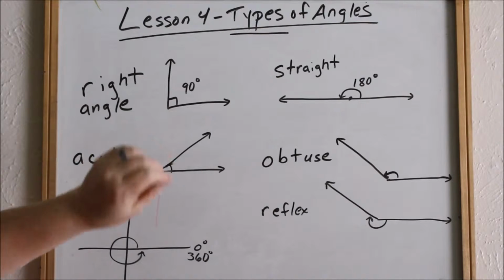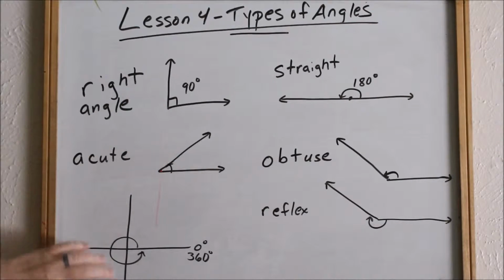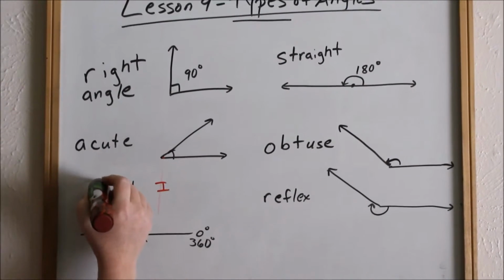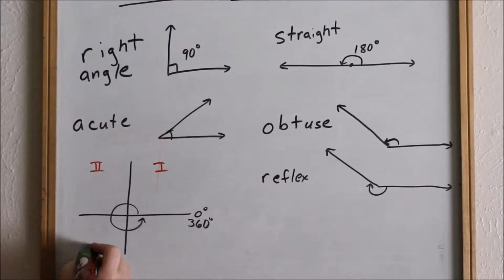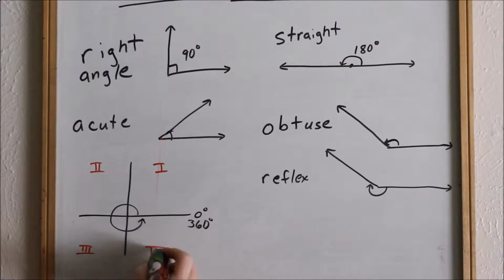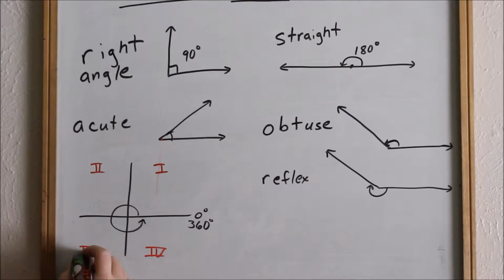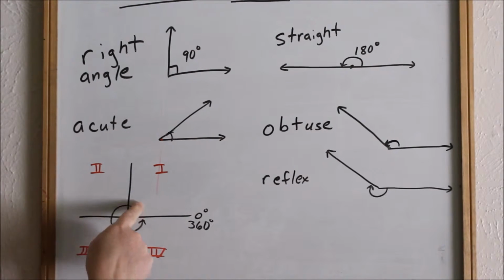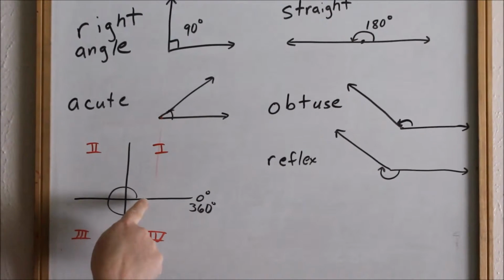Okay? One thing let me point out, if I was to draw a graph with your quadrants, the quadrants of 1, 2, 3, 4, when you go around a complete circle, you start here at 0, going around a complete circle, you went 360 degrees.